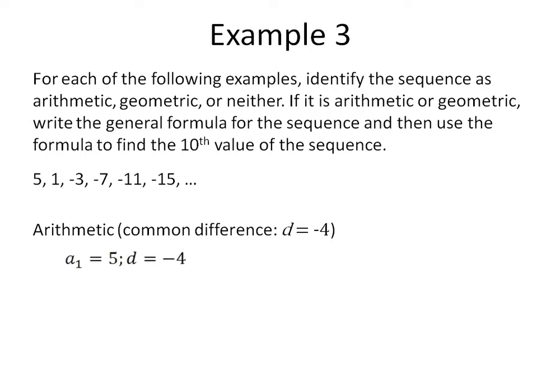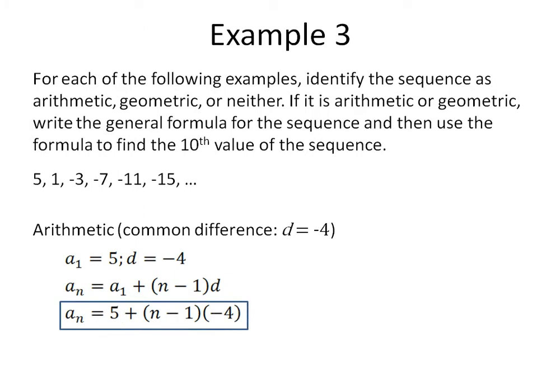Okay, so a sub 1 is equal to 5, and the difference is equal to -4. That tells us how to set up our formula based on our definition earlier. So a sub n is equal to a sub 1 plus n minus 1 times the difference. Filling it in, we get a sub n is equal to 5 plus n minus 1 times -4.